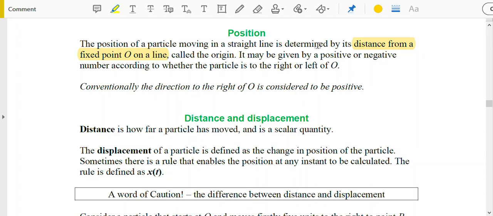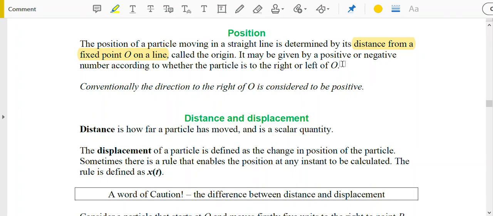It may be given by a positive or negative number according to whether the particle is to the right or the left of O. Okay, so generally if the position of something is -2, we would say that it's 2 units to the left of the origin. And if the particle's position is +5, we would say that the particle is positioned at 5 units to the right of the origin.